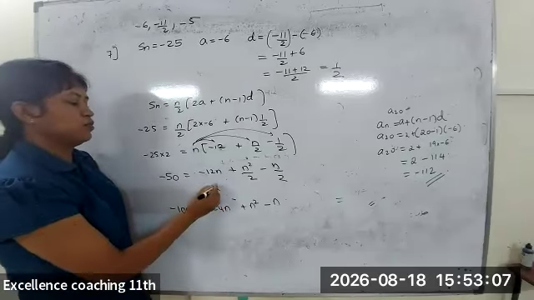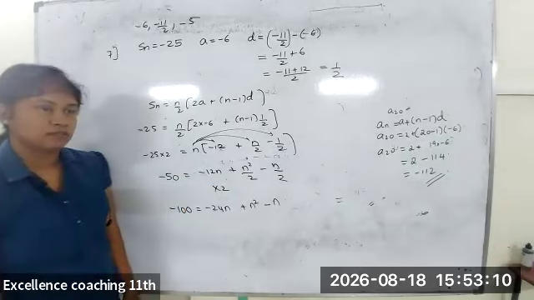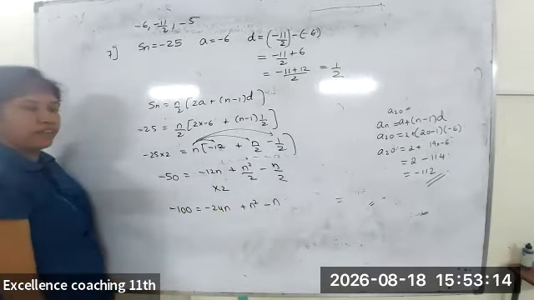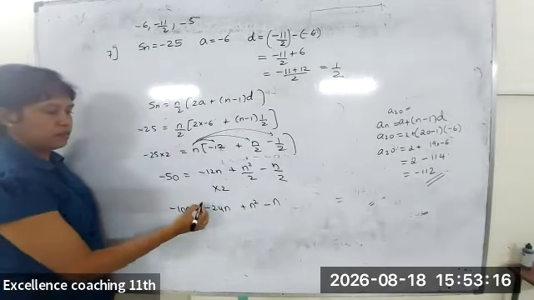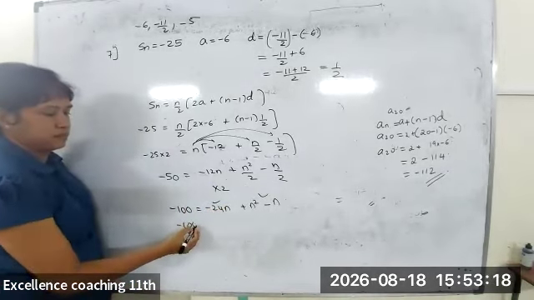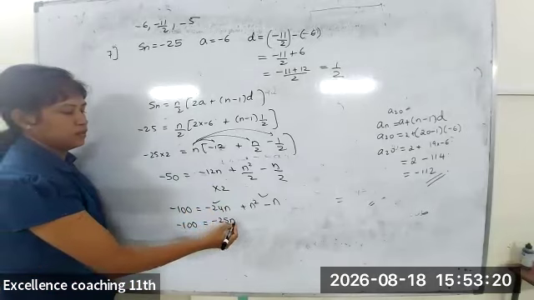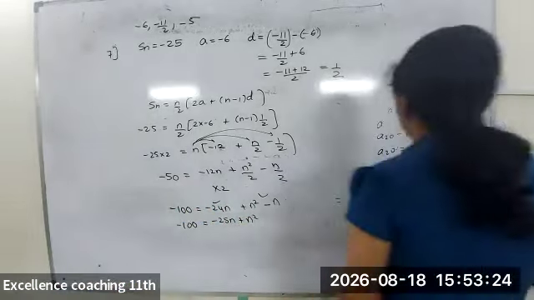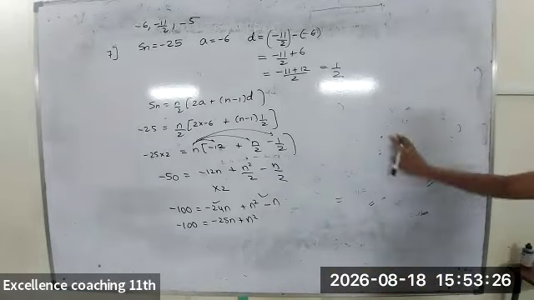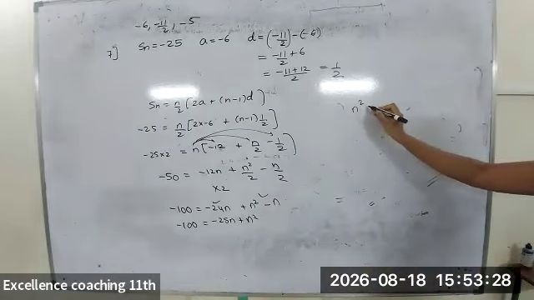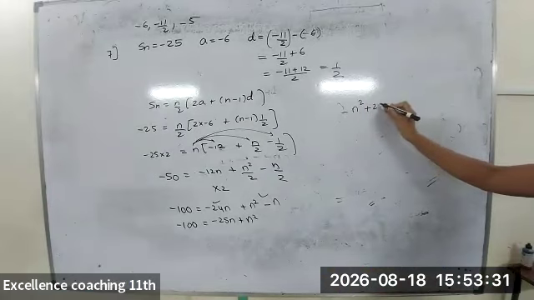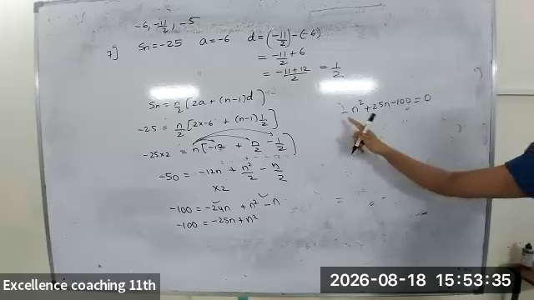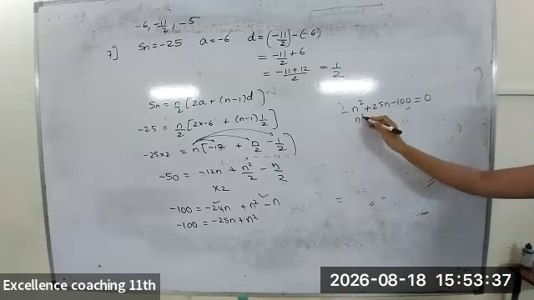Now this will become 25n, no? This one and this one. Bring everything to one side. Now change all the signs because n squared doesn't have to be negative.